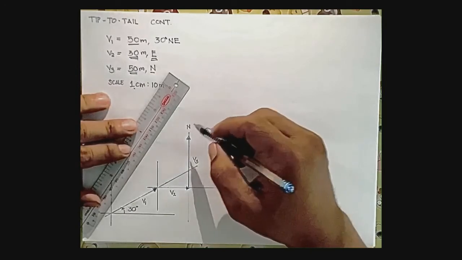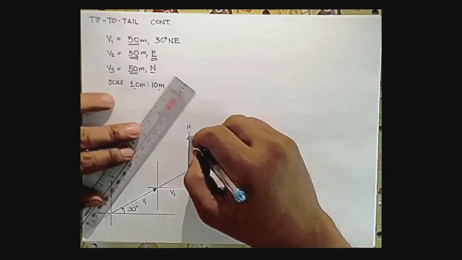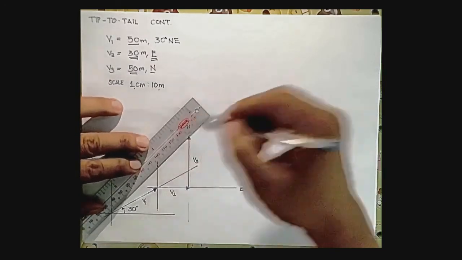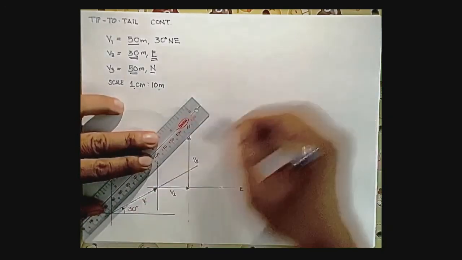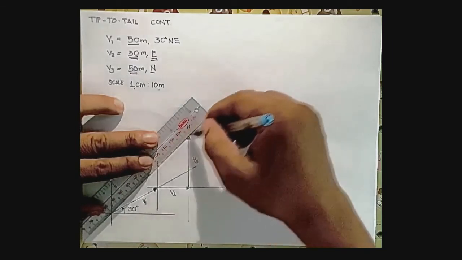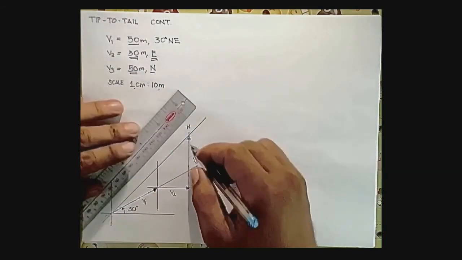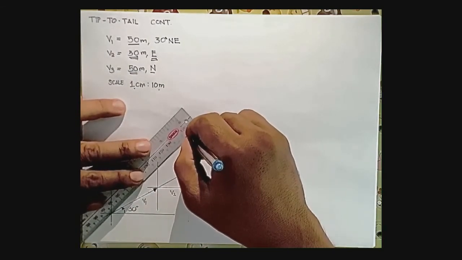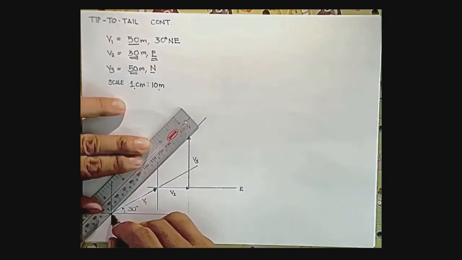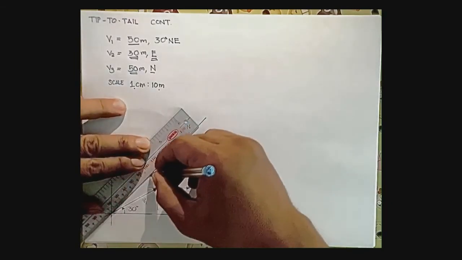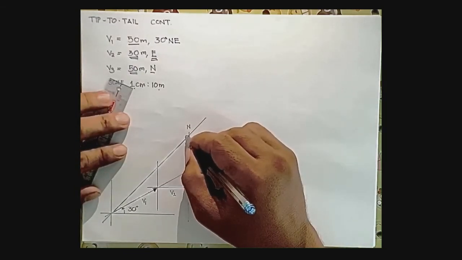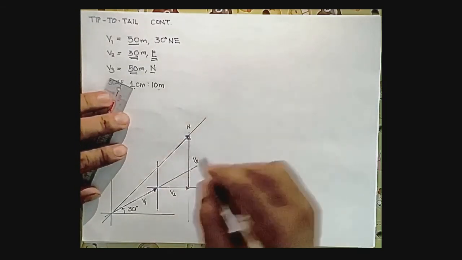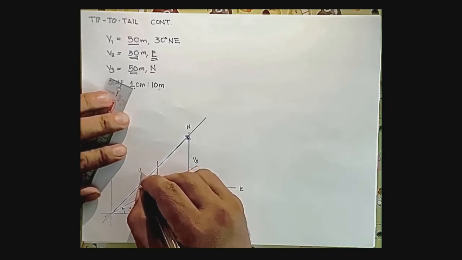And this time we will be connecting the tip of the last vector to the tail of the first vector. This is the way to get your resultant vector. All right, so we will draw a solid line up to there. So that should be the new direction of the resultant vector, represented by V sub r.